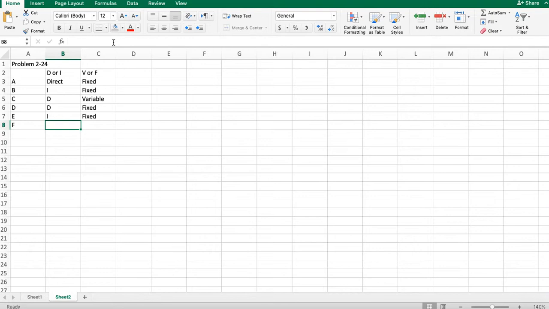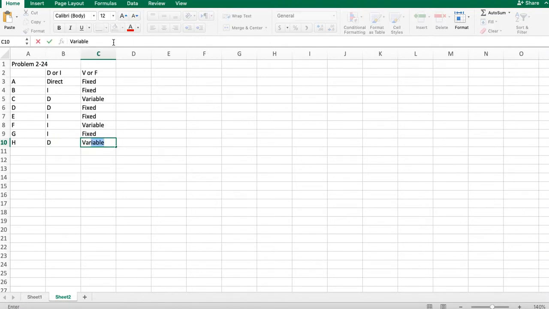F is cost of popcorn provided free to all customers. That one is going to be indirect, and that one is going to be variable depending on how many customers you have. G is the cost of cleaning the store every night after closing. That is indirect, not directly traced to the product, and that is fixed because it doesn't depend on how many we sell. H is freight and cost of DVDs purchased. That is directly traced to our product, and it is variable based on how many we sell.